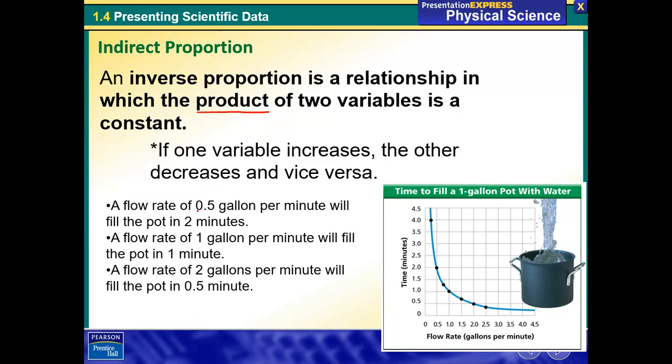And so you can see if I only have a flow rate of 0.5 and I increase it to 1 gallon per minute, the time that it takes actually decreases. So again, gallon rate goes up, time it takes decreases. And we know this, the faster speed that we have on for the water faucet, the faster we fill a cup or anything like that.